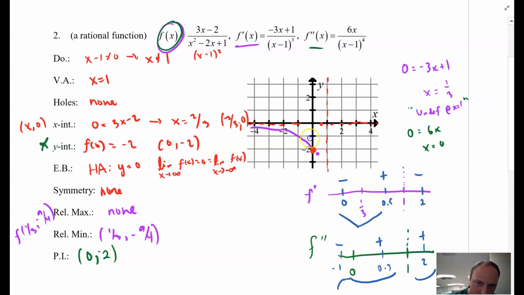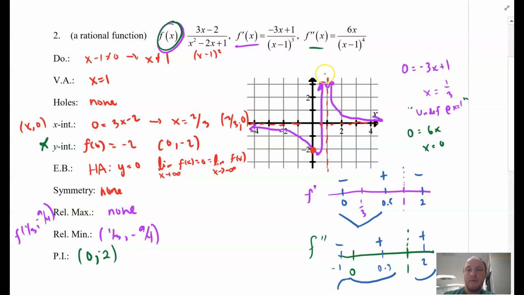I hit this value, and as soon as I hit this value, we change to concave up, and then I come up here. Then on the other side of our function, our function is decreasing and concave up. So I have this function, and I approach here too.